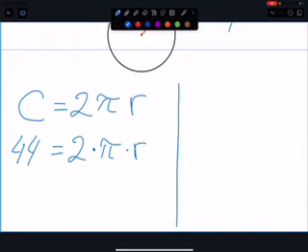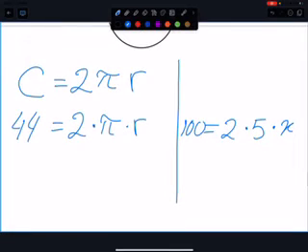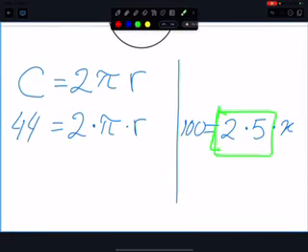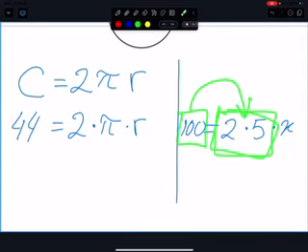Since this looks very complicated, you make it extremely easy for yourself. 2 multiplied by 5 multiplied by x equals 100. You just change it into something else. What is the value of x? Value of x is 10. Yes. How do you get to the 10? You divide 100 by these two.